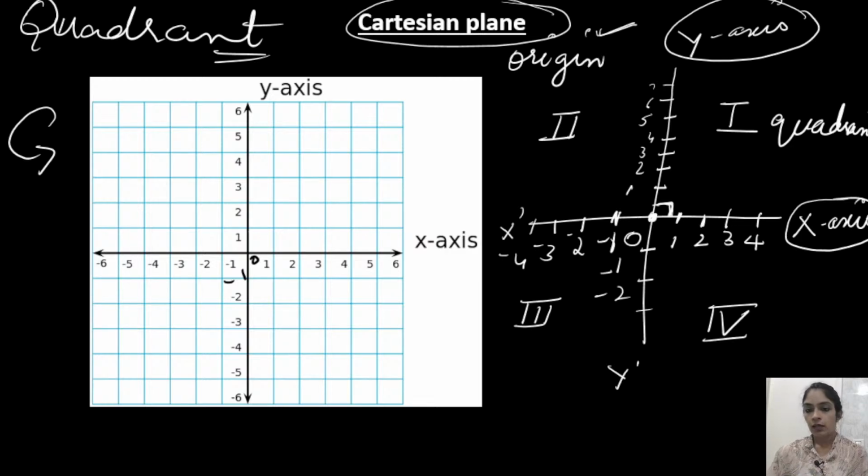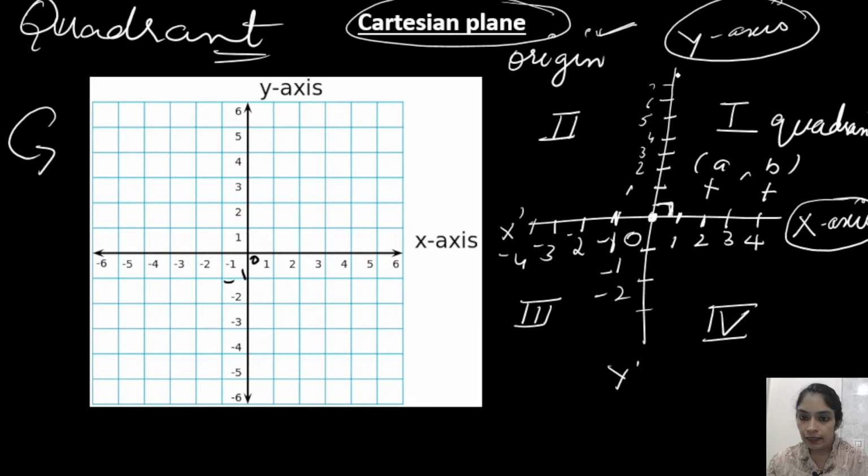Okay, see, I was explaining the Cartesian plane. How to show numbers is very important. So we have the x-axis, the y-axis, then the quadrants. Now each of the values is in the form of ordered pairs like this, a comma b. So a comma b means in the first quadrant x is positive and y is positive.